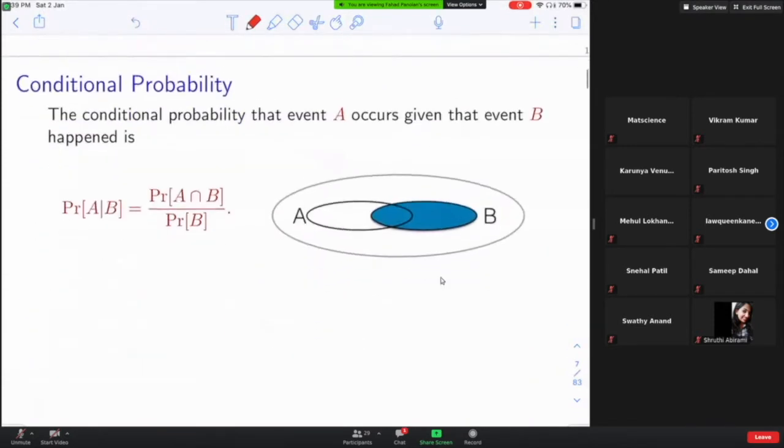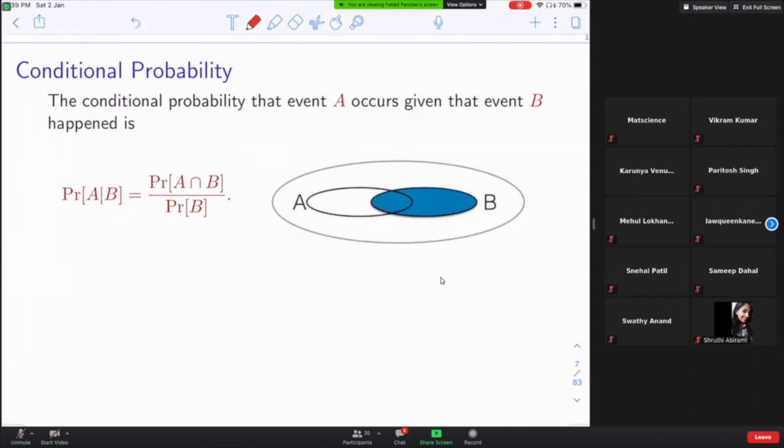Now another notion we may use at the end of today's lecture is conditional probability. What is conditional probability? Conditioned on some event happening, what is the probability of some other event happening? What do I mean by conditioned on something happening? Suppose this is our omega, and A and B are two events. When I say conditioned on B having happened, I just need to restrict my sample space to B, which means that the sum of the probability weights within B should be equal to 1.